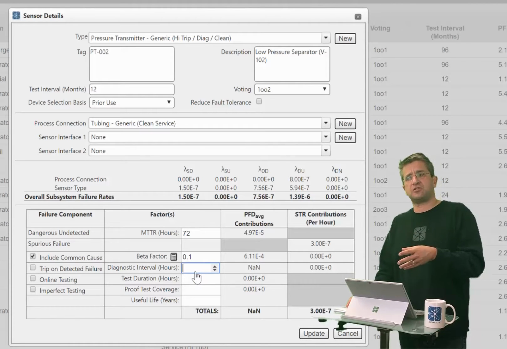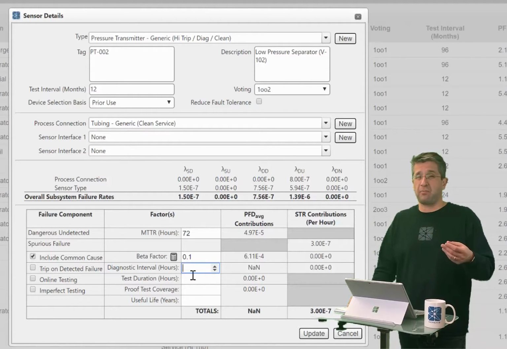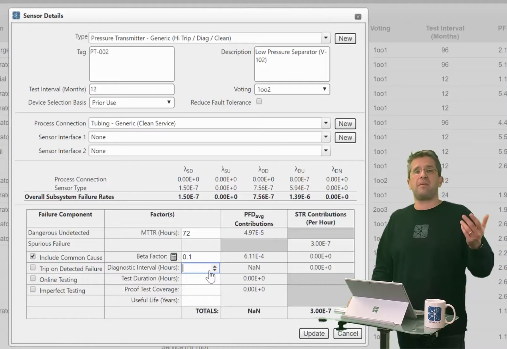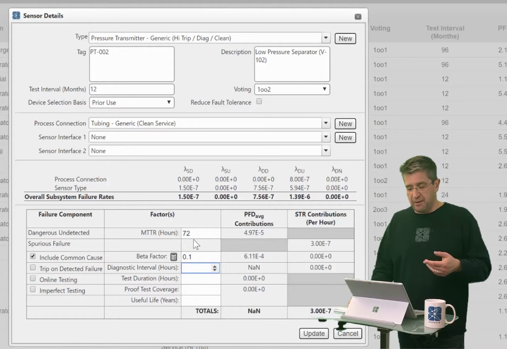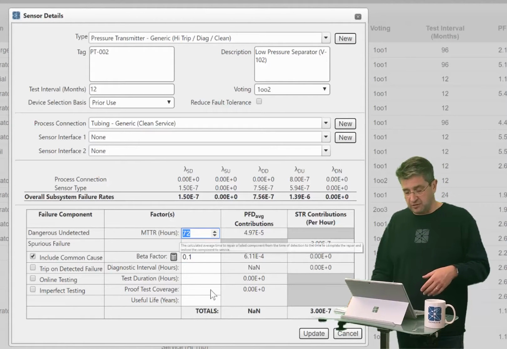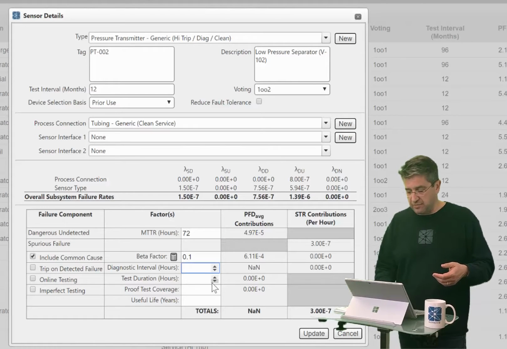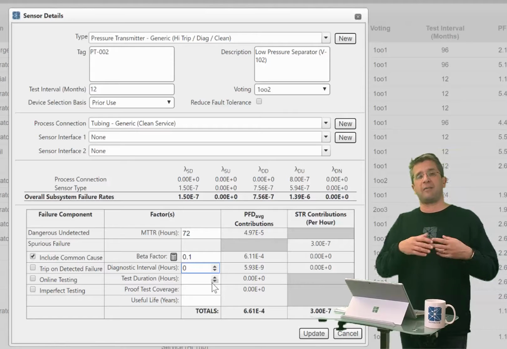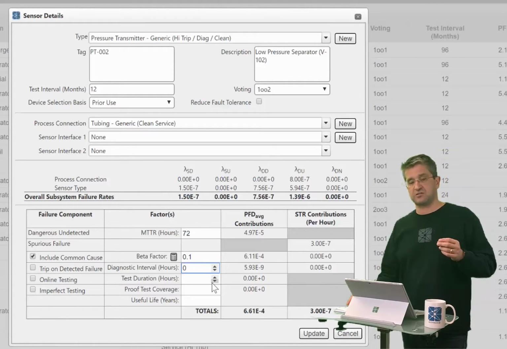Now, for a logic solver or a sensor, that's probably going to be as small as one scan, maybe 100 or 200 milliseconds, maybe a second. So in comparison to the 72-hour test interval, that washes out to be approximately 0 in terms of the automatic diagnostic test interval.